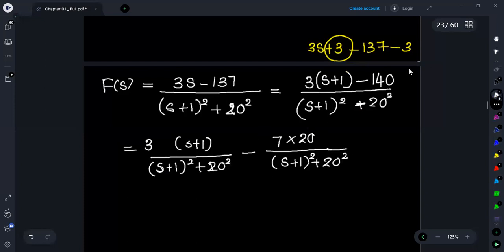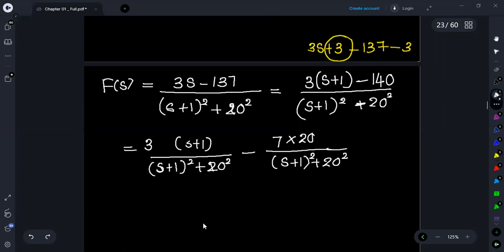We are rewriting this 140 as 7 times 20 because, considering the structure of the sine, the term in the numerator and this term should be equal. That is why we are rewriting this 140 as 7 times 20.